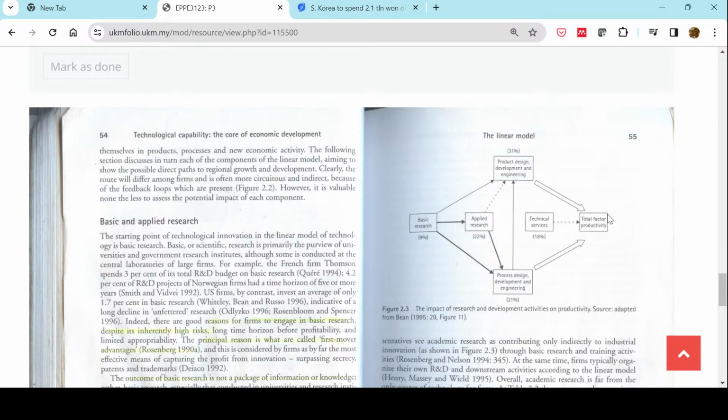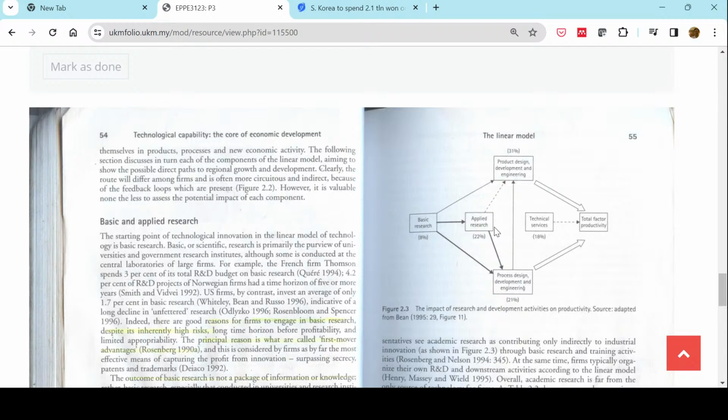So in a way, we're seeing here basic research is very costly, but its contribution to total factor productivity compared with applied research is only 8% compared with 22% in this diagram that's coming from applied research.